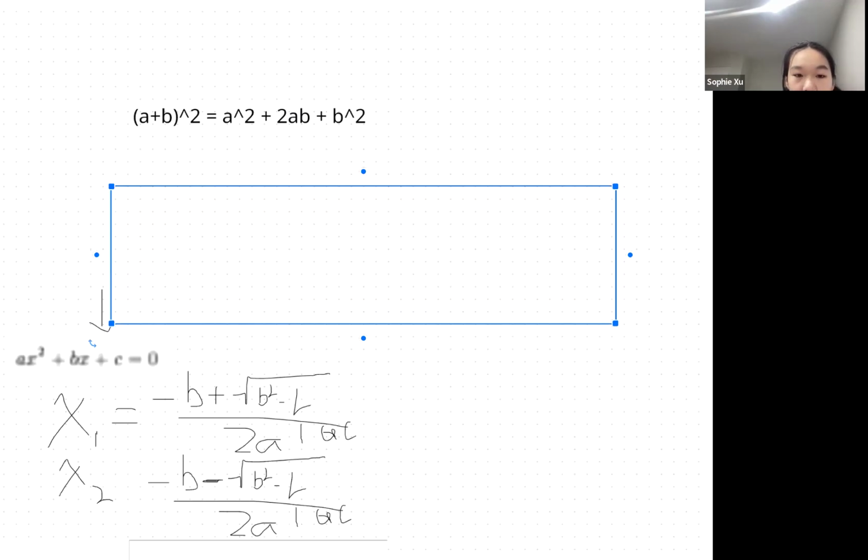And then we can find the common denominator for the right side and simplify it, minus c over a, and we find it's b squared minus 4ac over 4a squared.